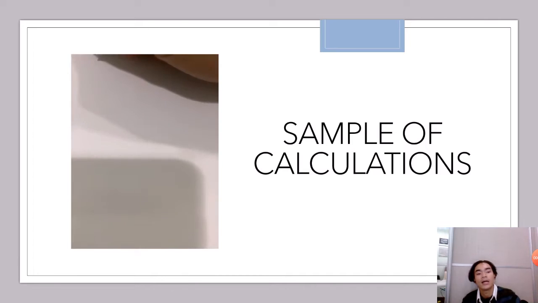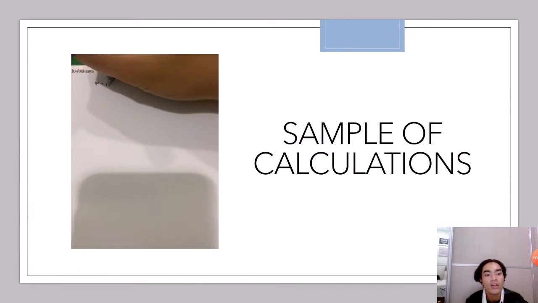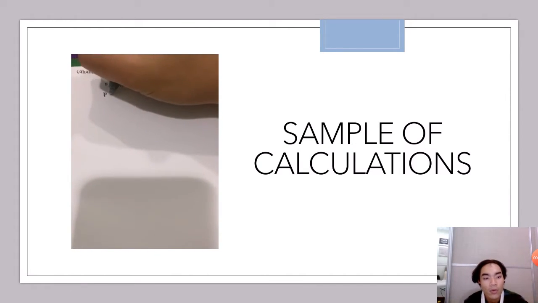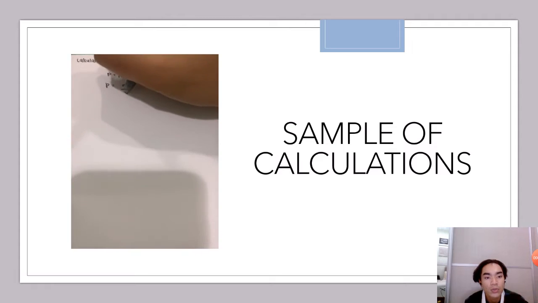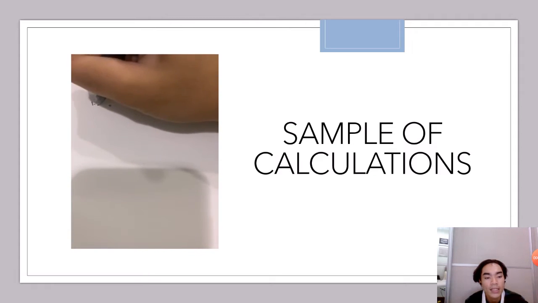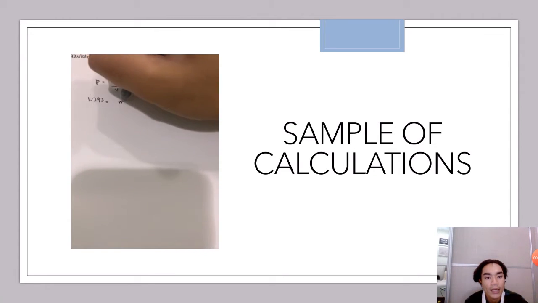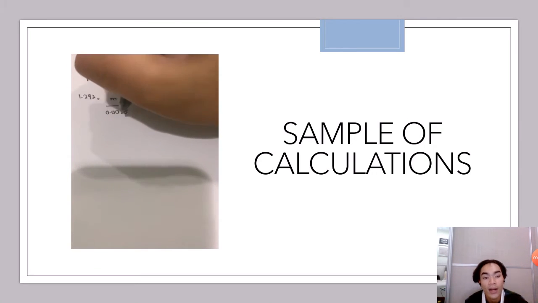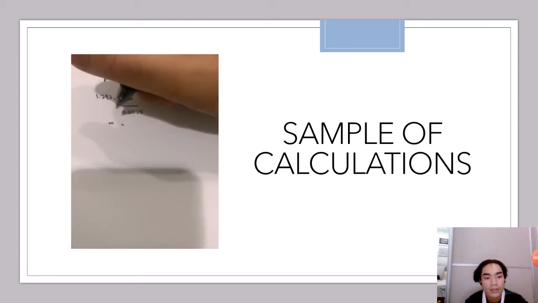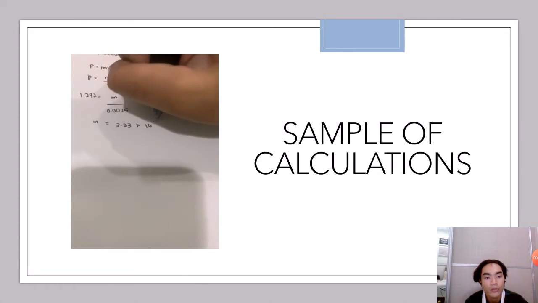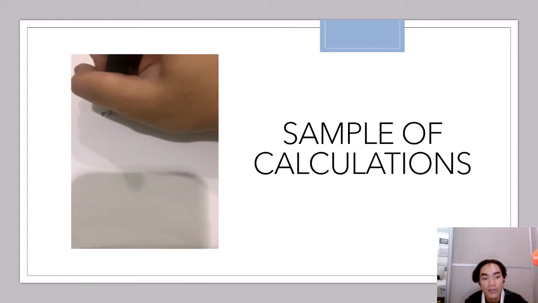This is how I calculate the theoretical value for experiment A. Pressure equals mass over volume, and this is how I find mass. It equals 3.23 times 10 to the power of negative 3.